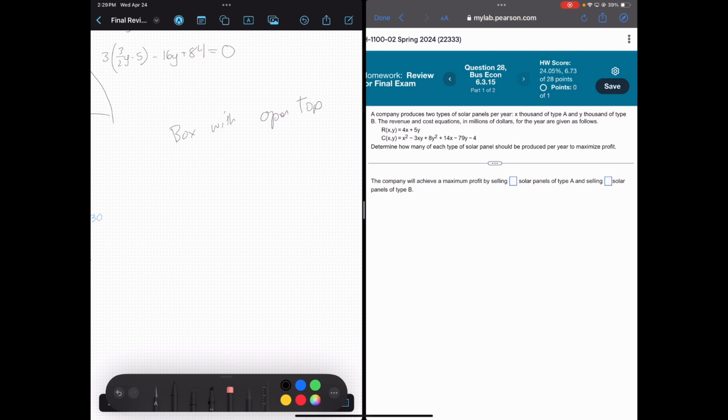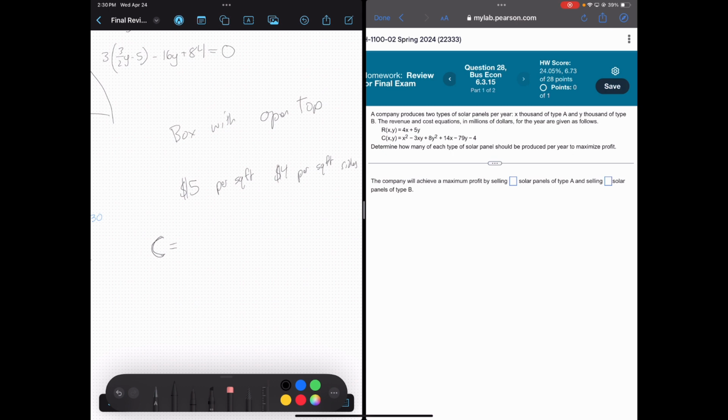So the idea behind this is, of course, the numbers are going to be slightly different depending on your problem. But if I remember right, it's $5 per square foot for the base and $4 per square foot for the sides. And we want to minimize our cost. So let's think about what my cost equation would look like.